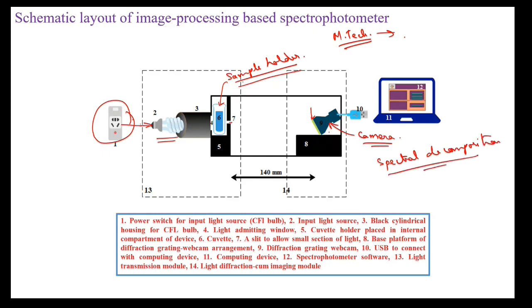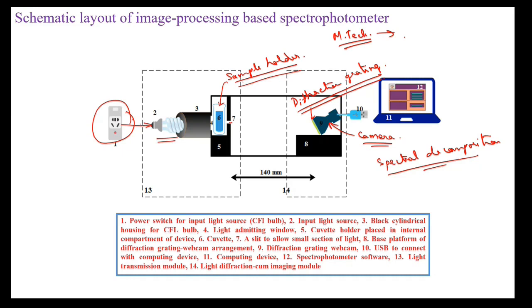If you see, just in front of the camera there is a green slide, and this green slide is nothing but a diffraction grating.